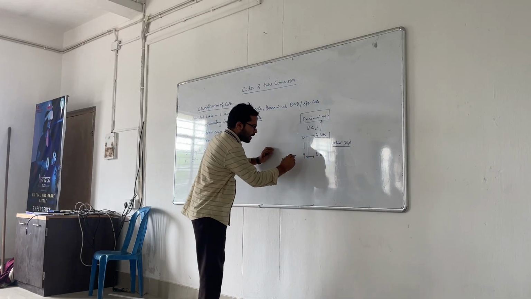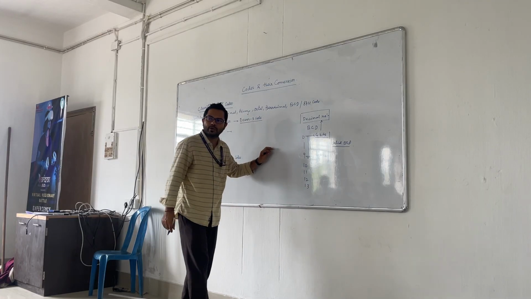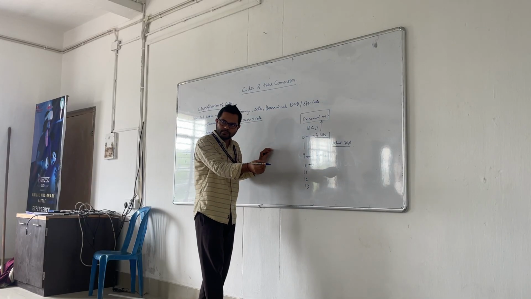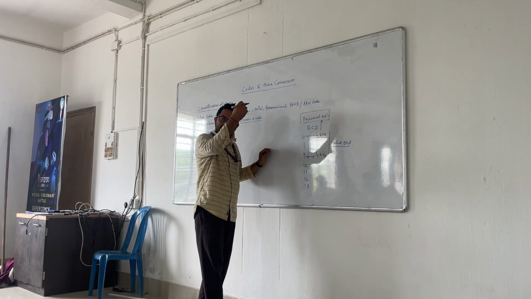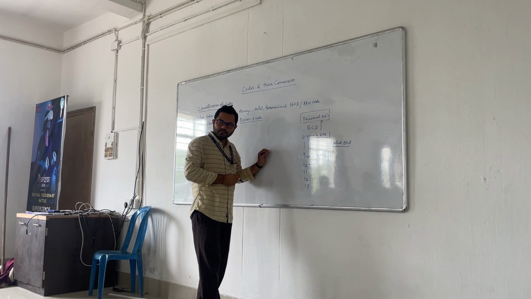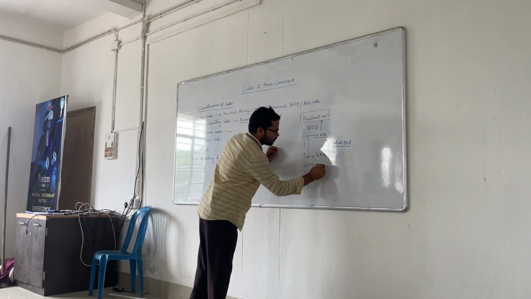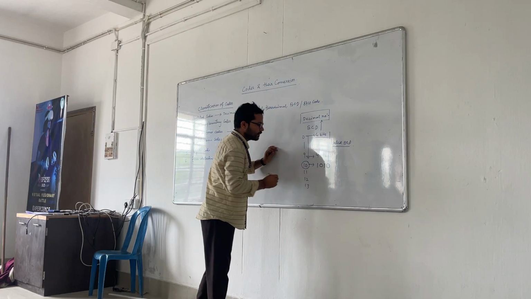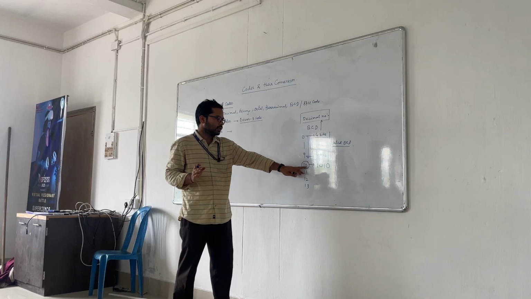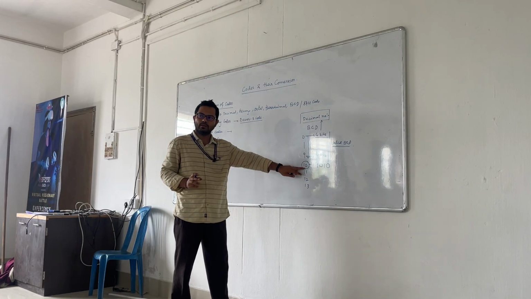But after 9, say 10, 11, 12, 13, 15, you can represent 10 with the help of 4 bits or even 5 or 6 bits, but a minimum of 4 bits is required to represent 10, that is 1010. We are not reading 10 as 1 and 0, we are reading it as a whole.